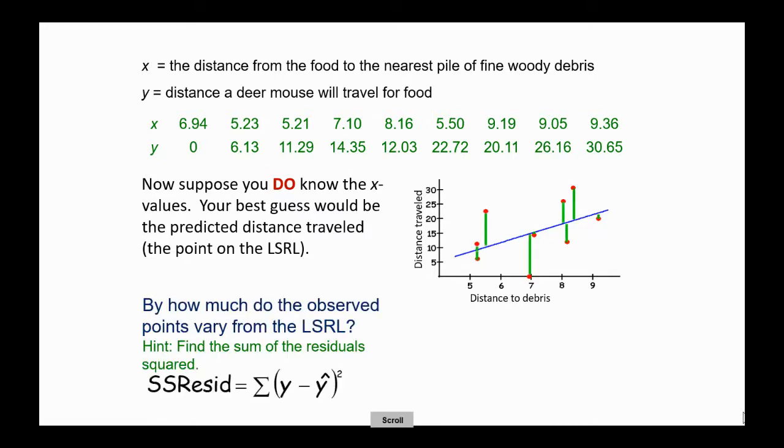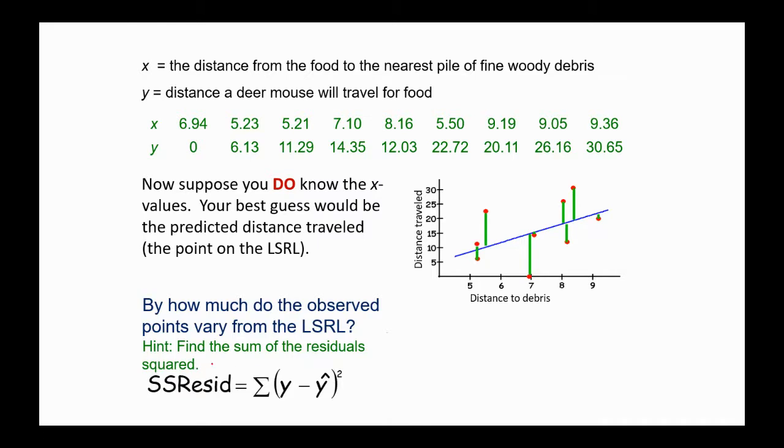So how much do our observed points differ from this line? Well, what we're doing here is we're just squaring the residuals, which we calculated on, what was it? Page 12, we calculated all the residuals.